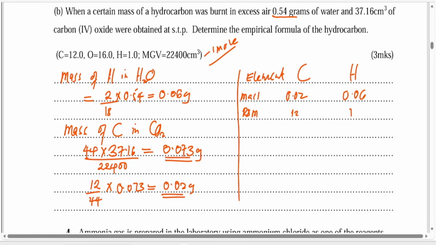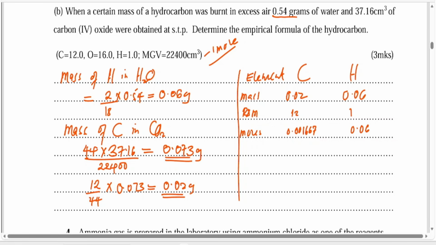So we work out the moles. Moles, we are going to take 0.02 divided by 12. When I take 0.02 divided by 12, I'll get 0.001667, and on the other side I will have 0.06.